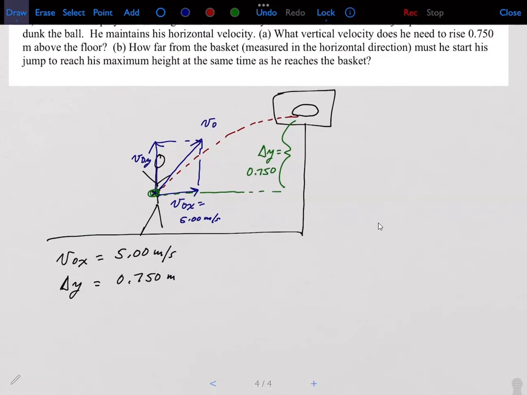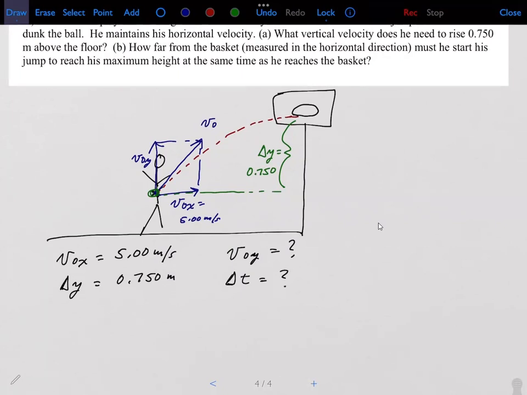We don't know v initial y, right? We're looking for that v initial y. And we don't know the time that it takes to reach that max height either. We can figure that out later.